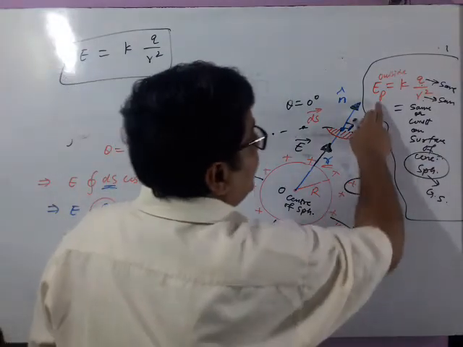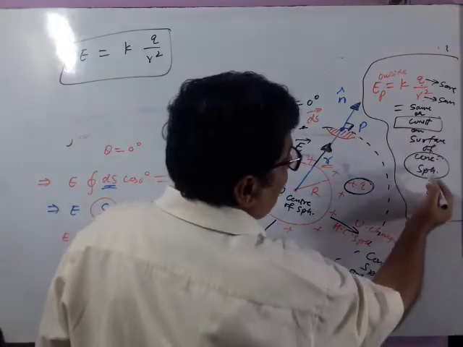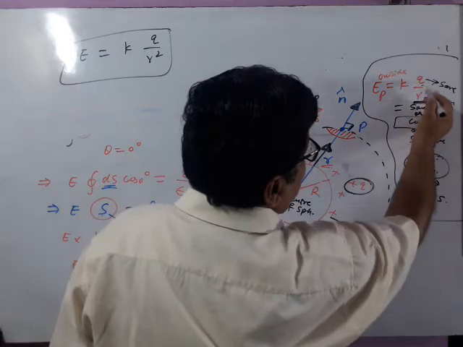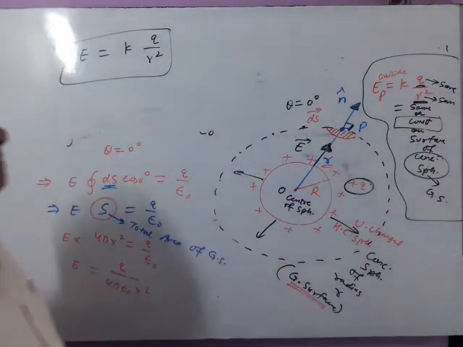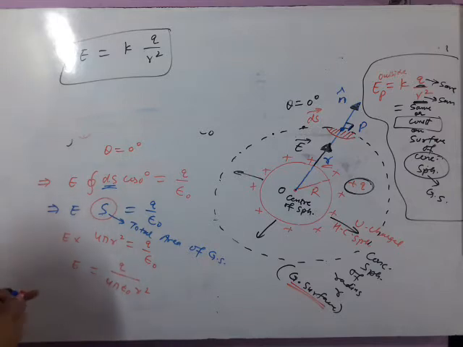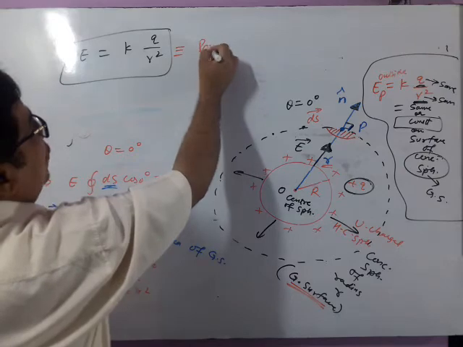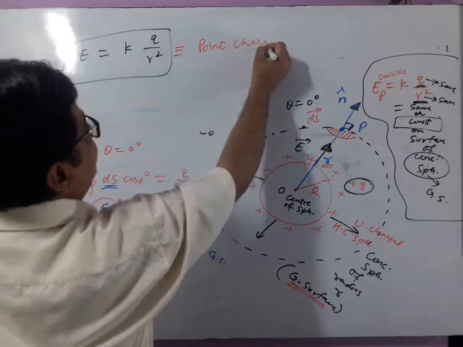See, this is the final answer which I told you earlier at the start of the lecture. The electric field remains constant on the surface of the sphere, as for a concentric sphere, radius and charge are both the same. So this is our final answer of part 1. And focus, it is matching with the answer for a point charge.